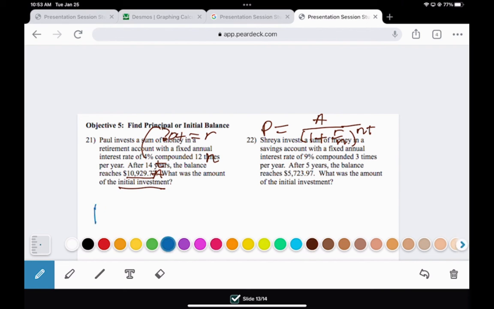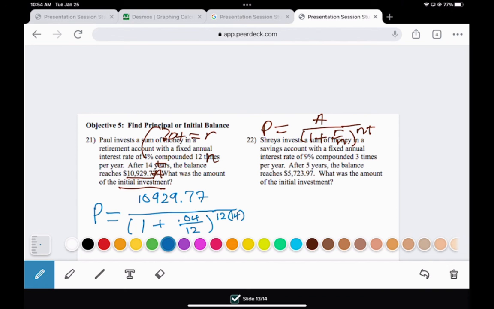So when I do this for the principal, A, 10,929.77 over 1 plus R, which is 0.04, over N, which we know is 12, to the power of N times T, where N is 12 and T is 14 years. So that's how I would type it in. I'm going to ask you to use Desmos for this one. I'm going to take a picture of this because I'm going to move to a different screen, and I'm probably not going to remember all of this.